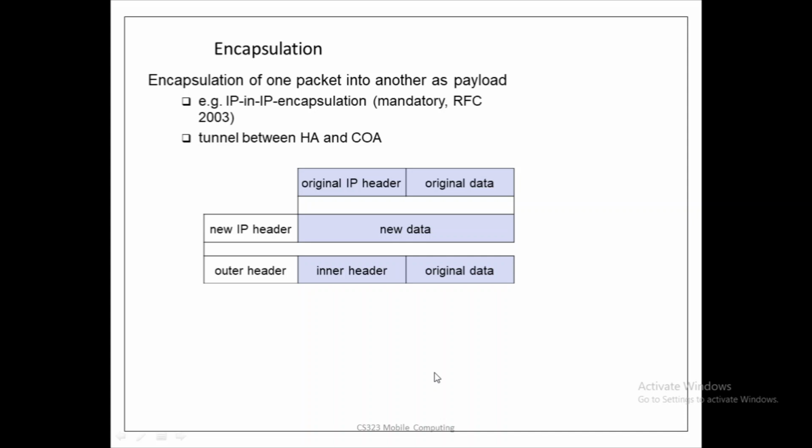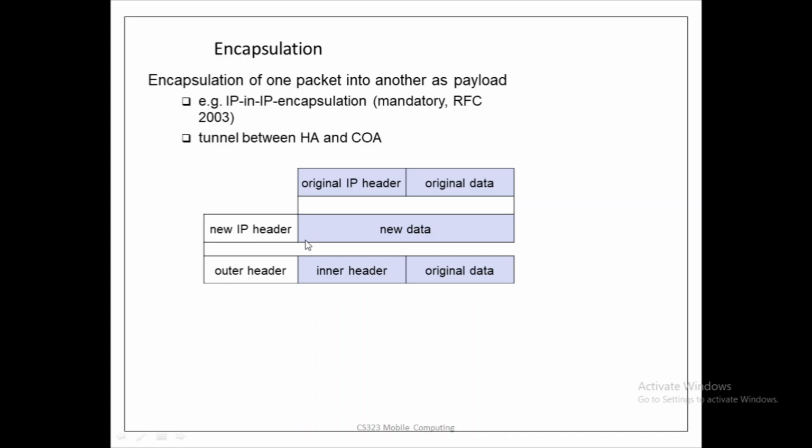Here the home agent takes the original packet with the mobile node destination, puts it into the data part of the new packet and sets the new IP header. The new IP header is set in such a way that the packet is routed to the care of address.